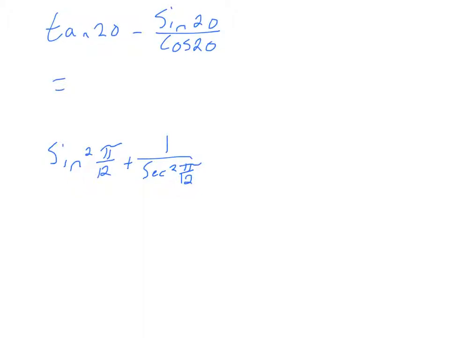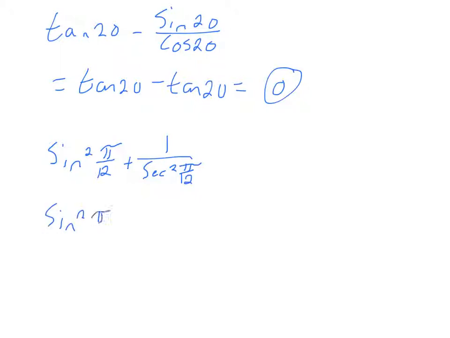Okay. So for this first one here, we have tan 20 minus sine 20 over cosine 20. Sine 20 over cosine 20 is equal to what? Tan 20. And so this really just equals 0. So even though we don't know what tan 20 degrees is, it doesn't matter. The next one, what's 1 over secant squared going to be the same as? Yep.